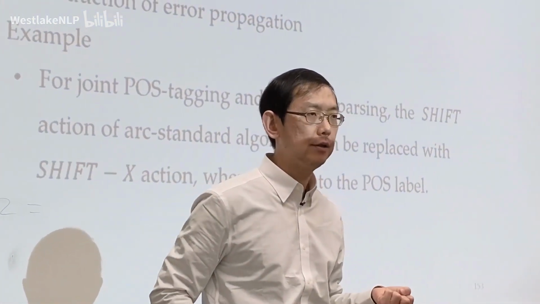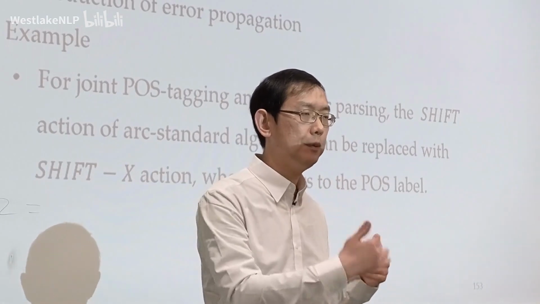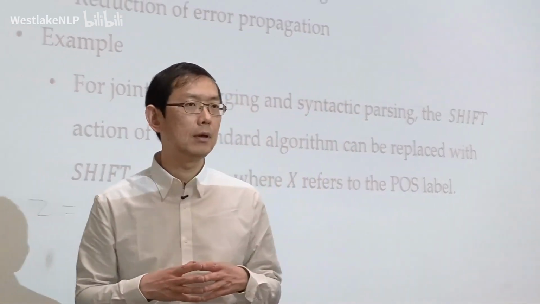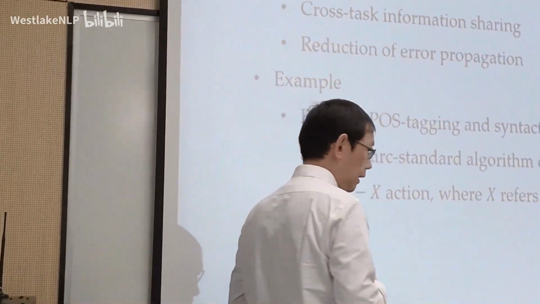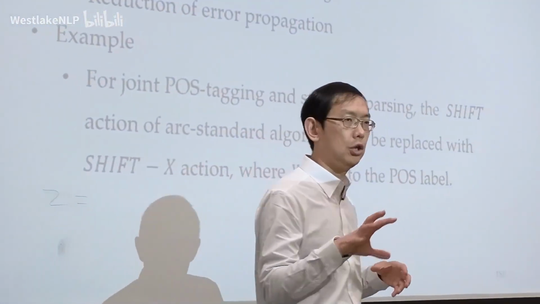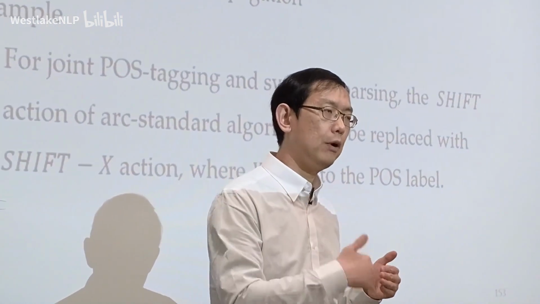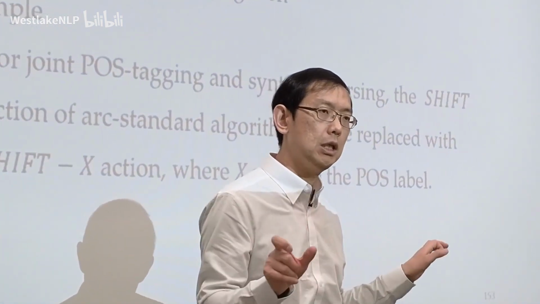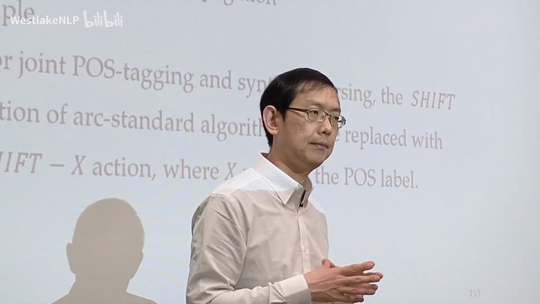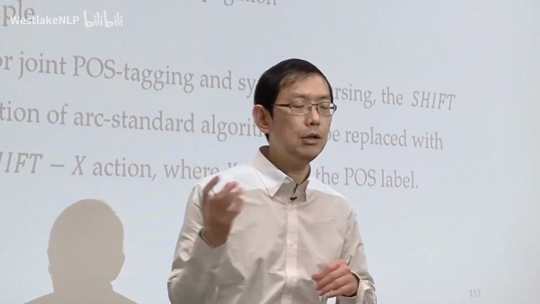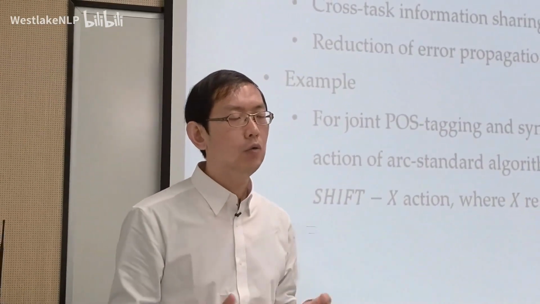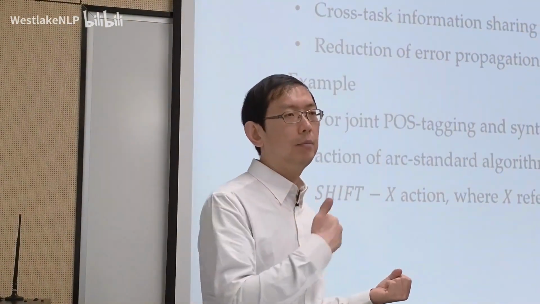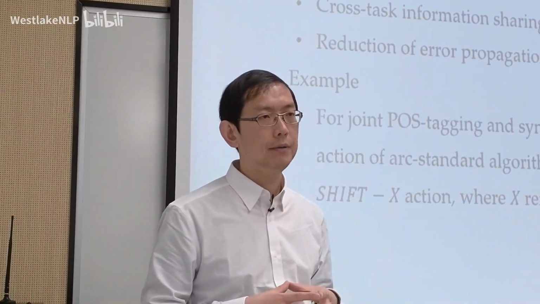There's no chance for your parser to recover from part-of-speech tagging errors. A second disadvantage is that parsing features cannot help you differentiate part-of-speech ambiguities. But intuitively, if you know the syntactic structure, you can better resolve part-of-speech errors.